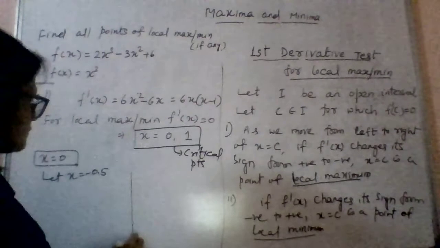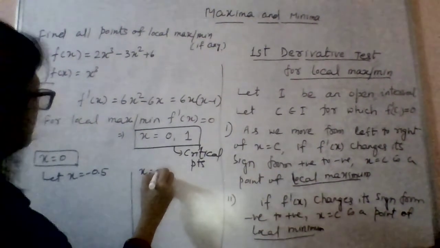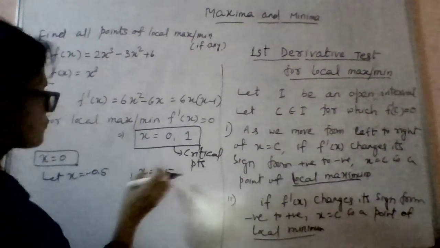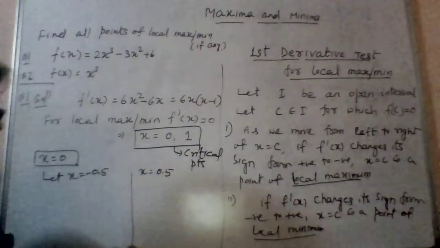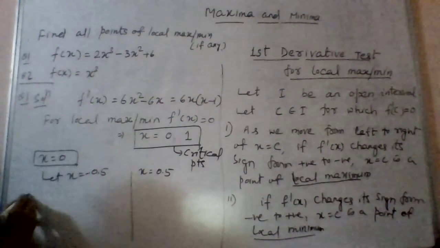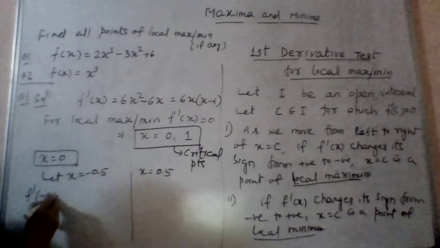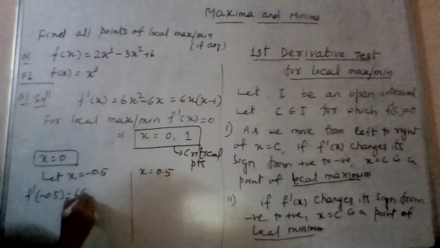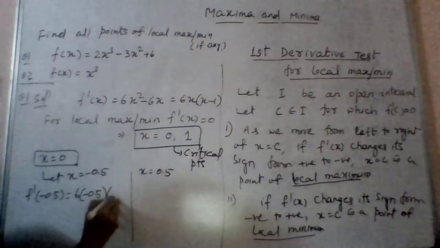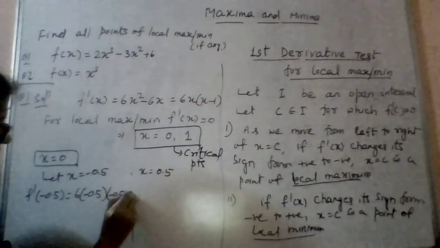And right means whenever you take x equal to suppose 0.5. So 0.5 is to the right of x equal to 0. So here f dash minus 0.5 is equal to 6 into minus 0.5 into minus 0.5 minus 1.